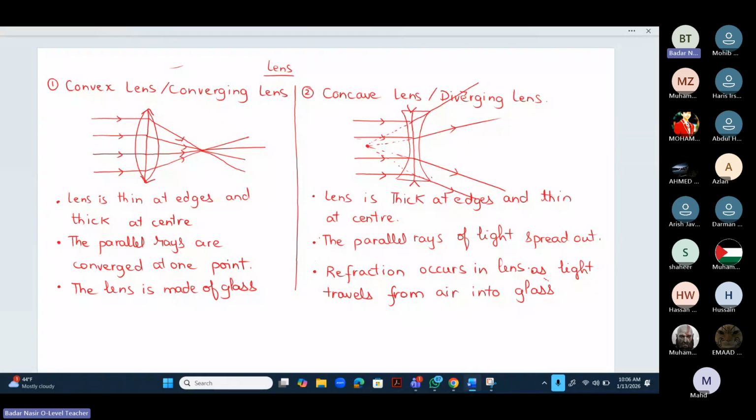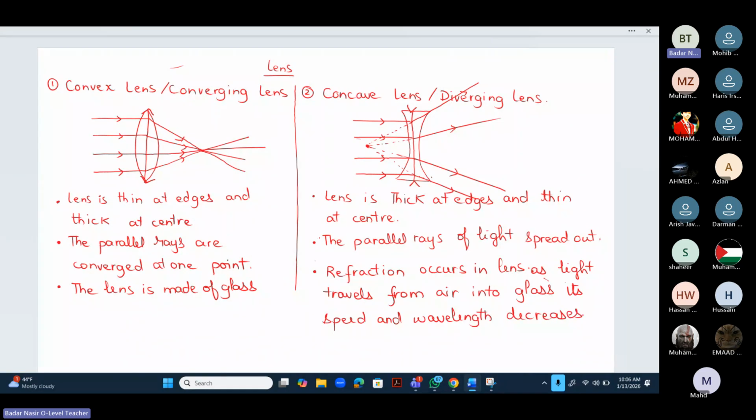So refraction occurs in lenses as light travels from air into glass. Its speed and wavelength decrease.